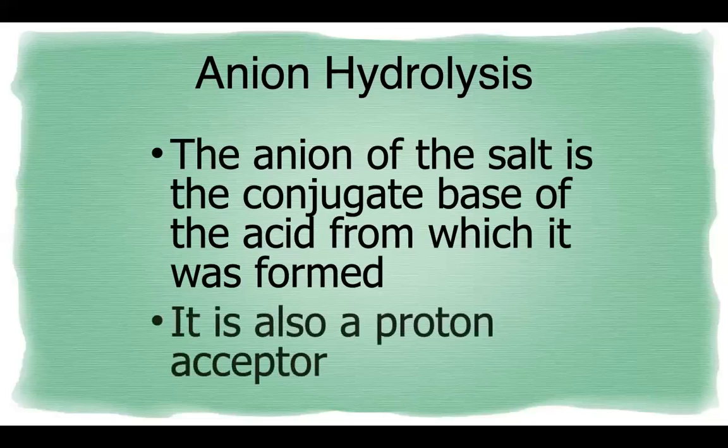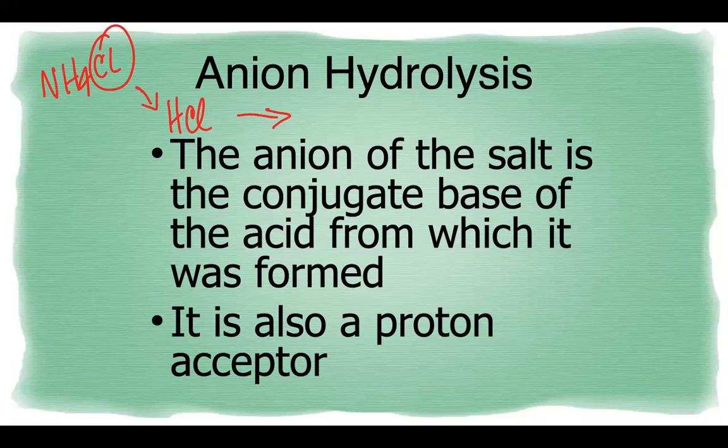Hopefully you remember conjugates. So for example, let's take ammonium chloride as an example. So this is the anion. It comes from the acid. The acid it comes from is HCl. If HCl is a strong acid, then the conjugate base is weak.